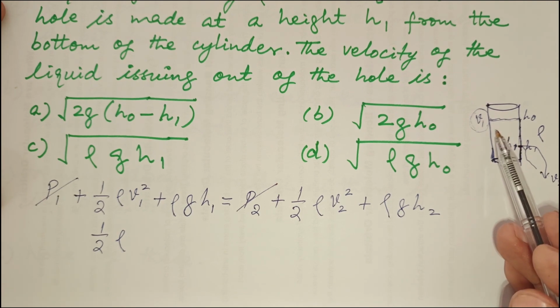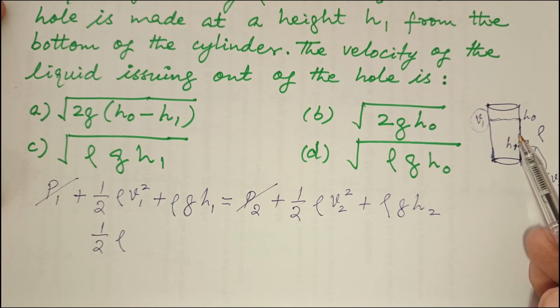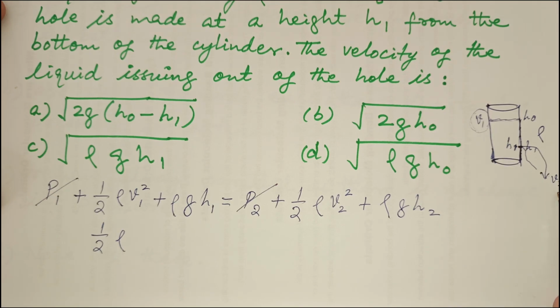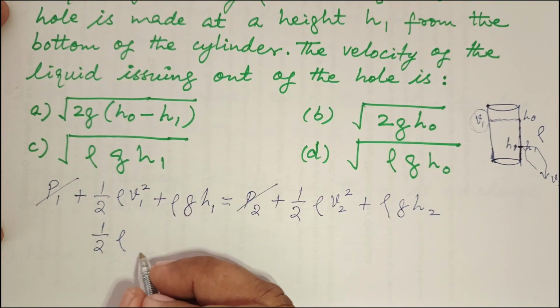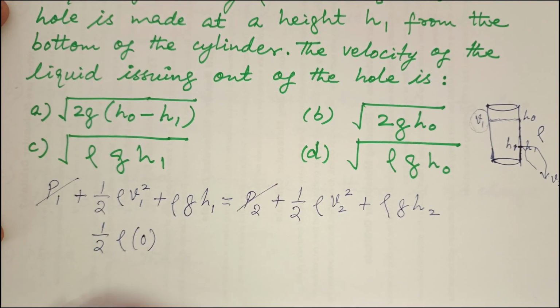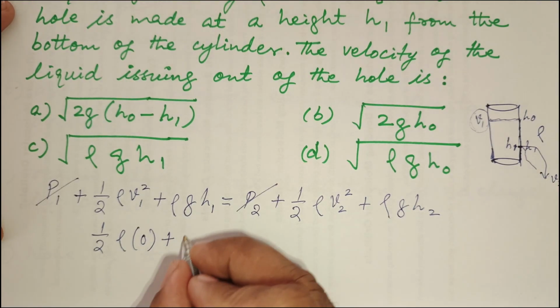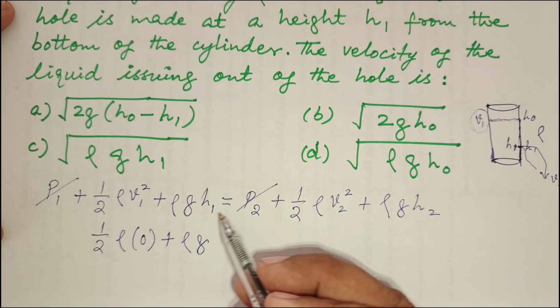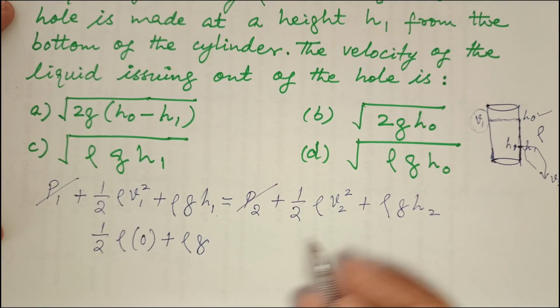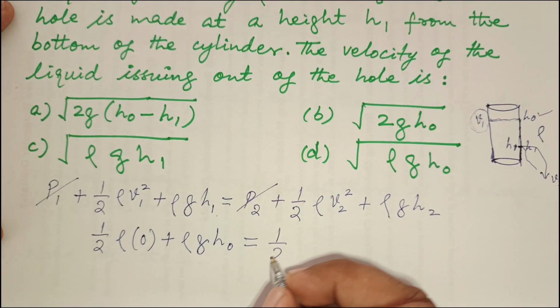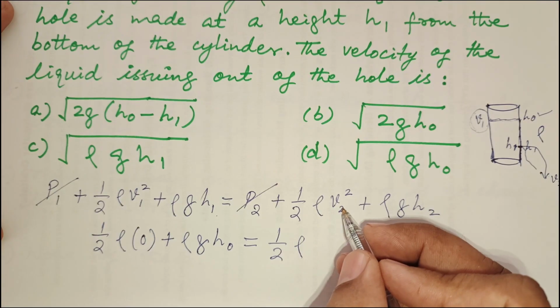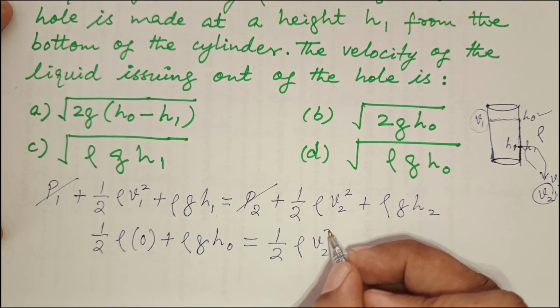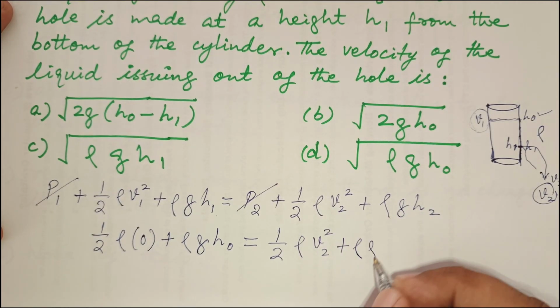At the surface, absolutely about no movement over there. So V1 will be negligible as compared to V2, and instead of V1 we will write 0. Over here we are left with rho g. This height is h0, the upper point, and here we have half rho V2 square plus rho g.